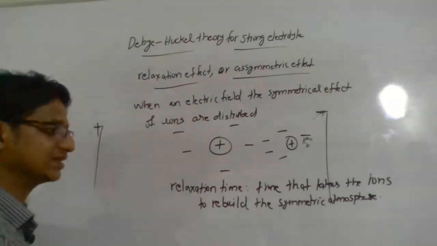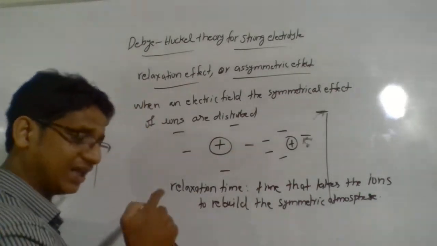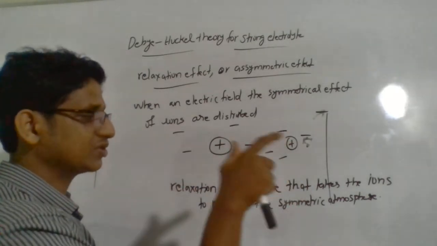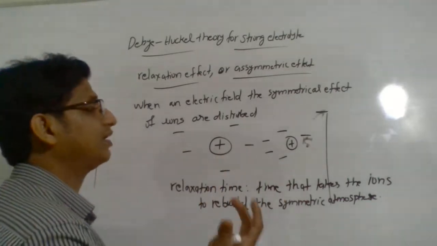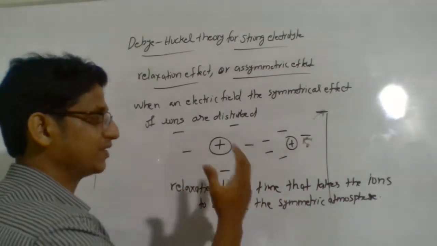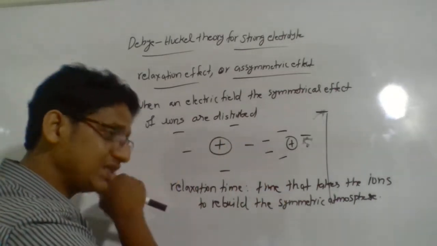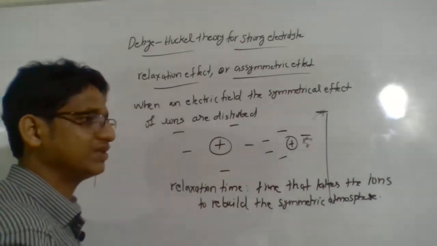So the symmetric atmosphere cannot be reached easily. The ions do move, but still the asymmetric effect, the retarding effect, will be there due to the presence of oppositely charged ions in the solution. This asymmetric effect also influences the conductivity.